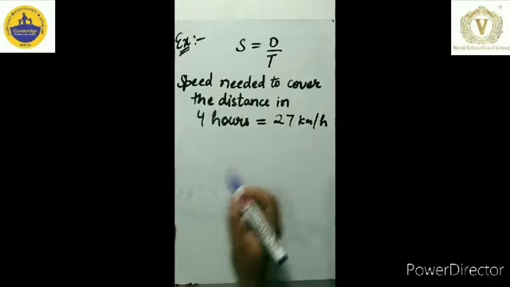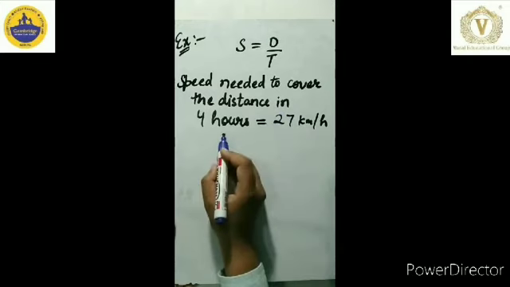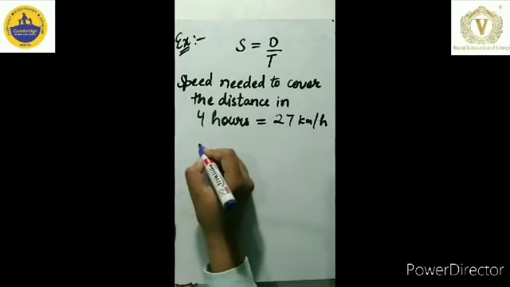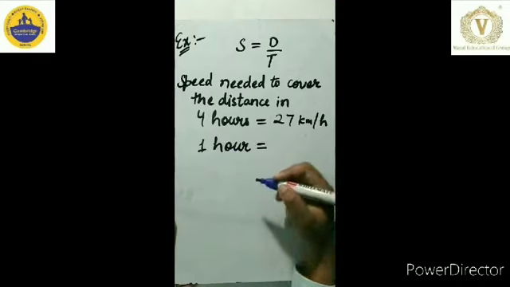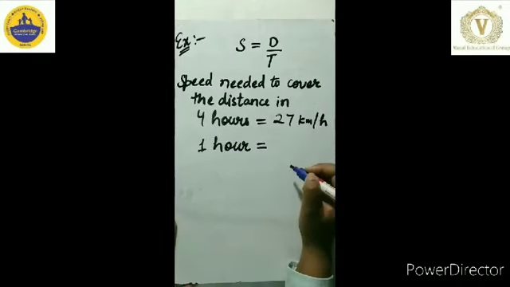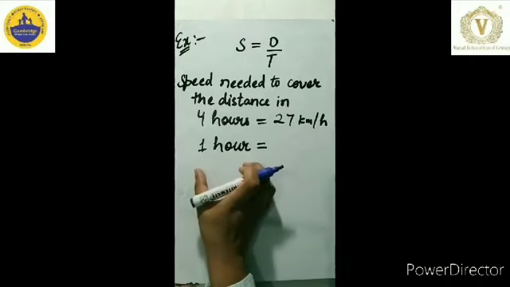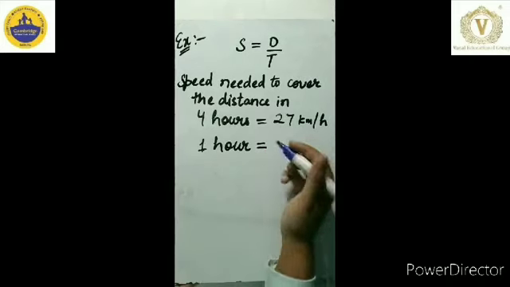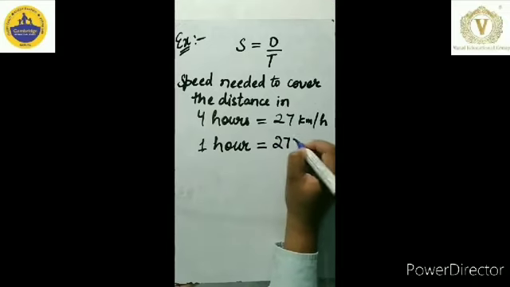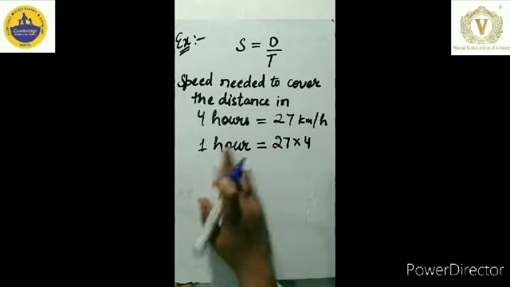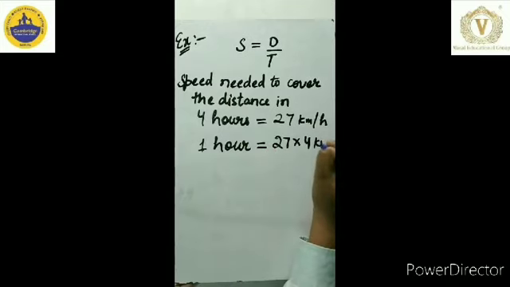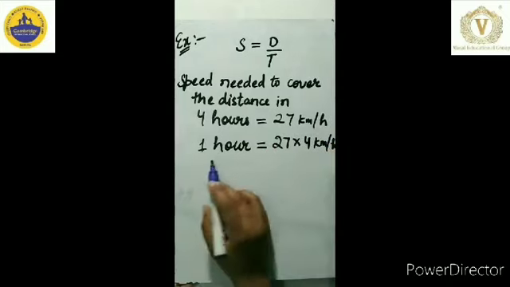So if I want to cover the same distance in 1 hour, then do I have to increase the speed or lower the speed? Obviously, if I want to cover the distance in less time, then I have to increase the speed. So that means I have to multiply 27 with 4. Okay, so this much speed is required to cover the distance in 1 hour.